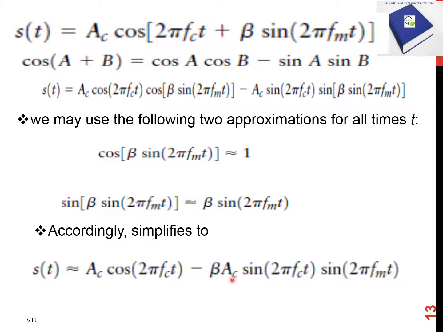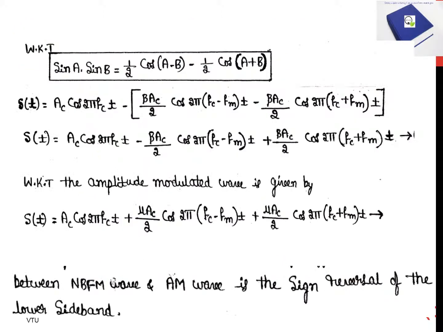Here we can notice that in this term we have two sin terms, sin A sin B. So I can use another trigonometric relation, sin A sin B equals 1 by 2 cos (A minus B) minus 1 by 2 cos (A plus B).